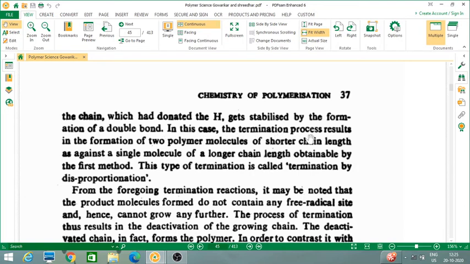In this case, the termination process results in the formation of two polymer molecules of shorter chain length, as against a single molecule of longer chain length obtained by the first method. This type of termination is called termination by disproportionation. Number one is termination by coupling, number two is termination by disproportionation.